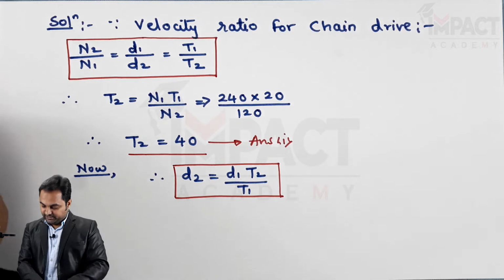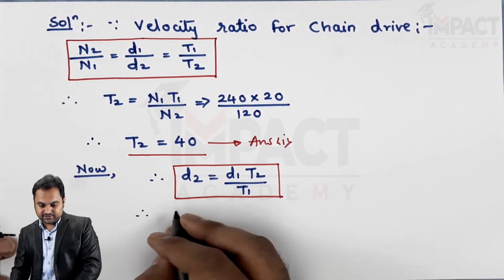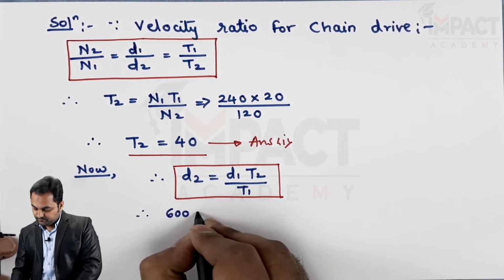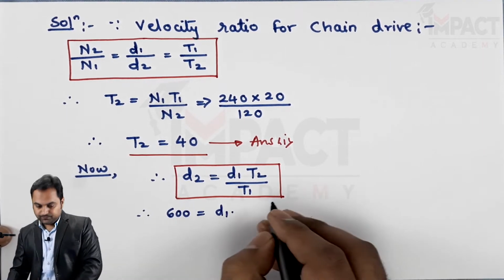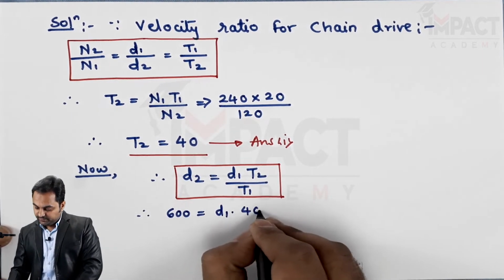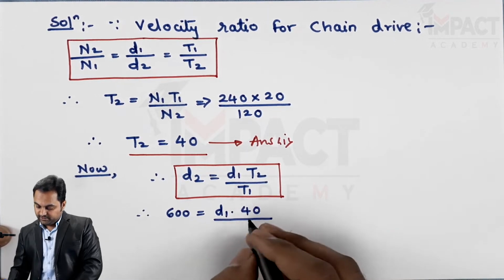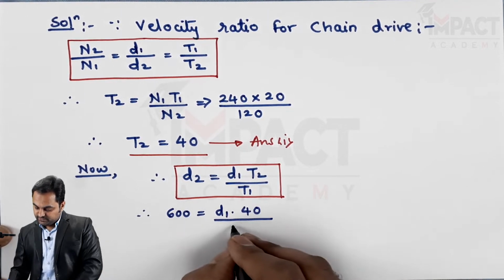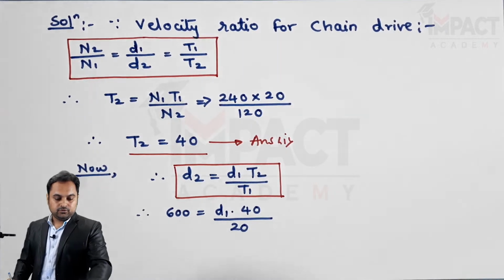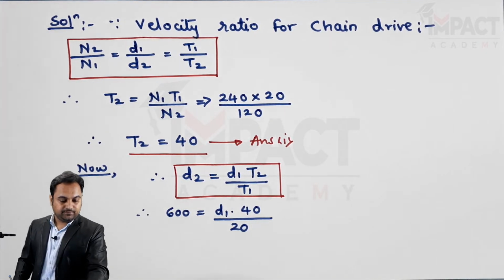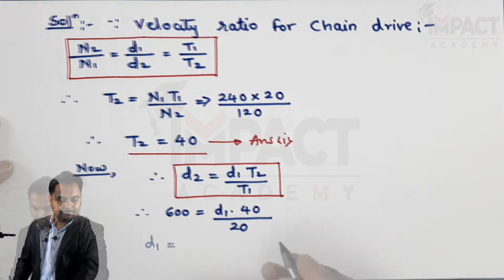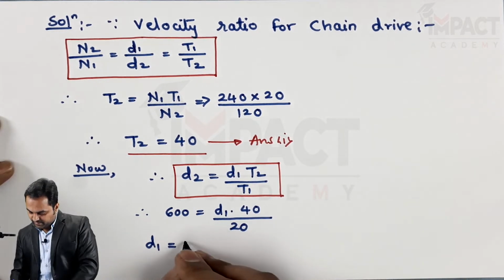So I'll be putting the values, that is D2 is 600, D1 is what we have to calculate, T2 value is 40, T1 is 20. So from this, the answer of D1 comes out to be 300 mm.